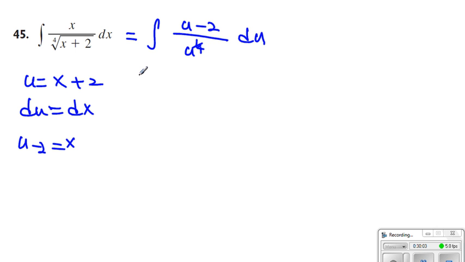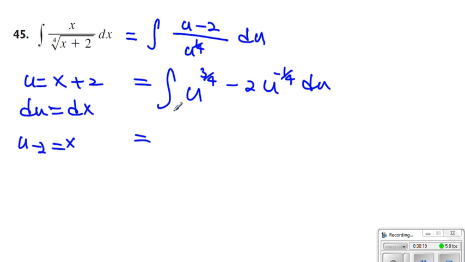And du. Then this becomes, first term becomes u to the 3/4 minus 2 times u to the negative 1/4 power, du. And this becomes u to the 7/4 power over 7/4.